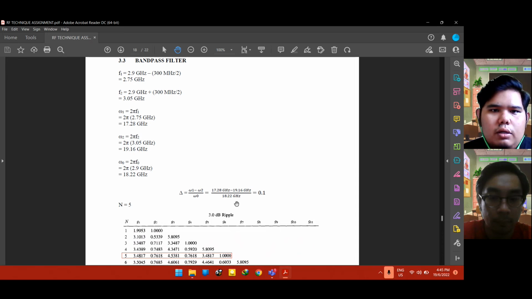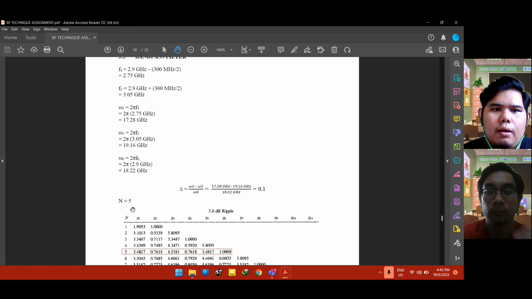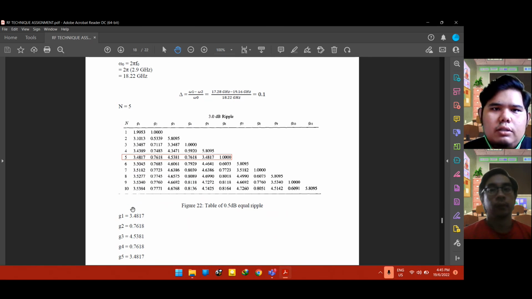Here is the formula, and the delta value is 0.1. The n value I have already been given is 5, and this system is 3 dB equal ripple.